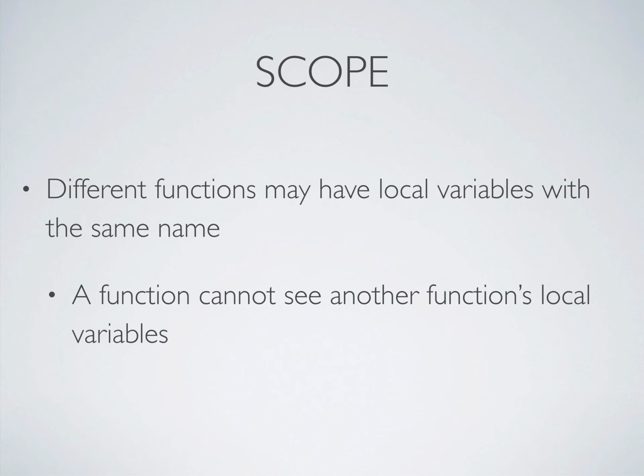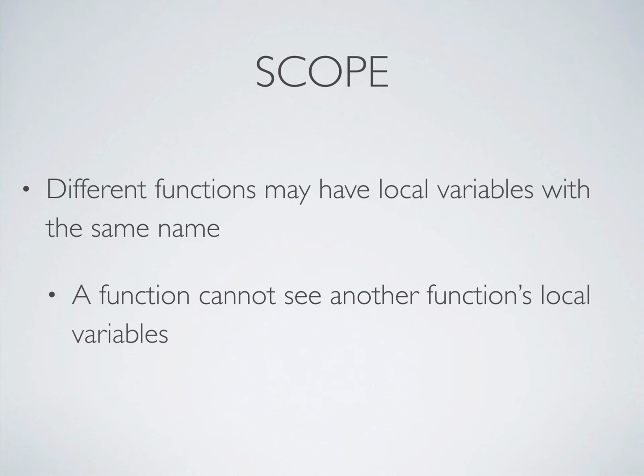Because of that, it's very possible that different functions in the same program might have local variables with the same name. We'll do an example of that so you can get an idea of what it looks like. This is okay because a function cannot see other functions' local variables.